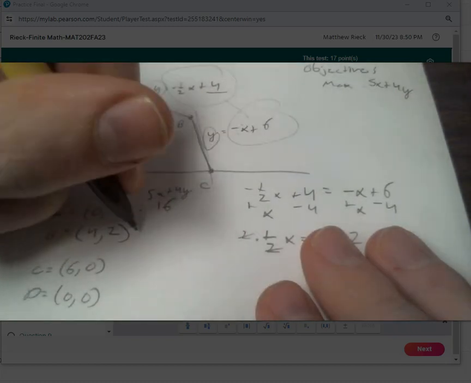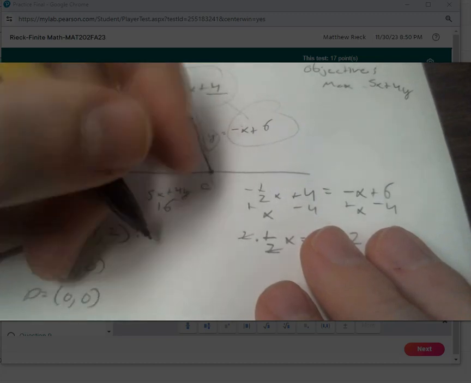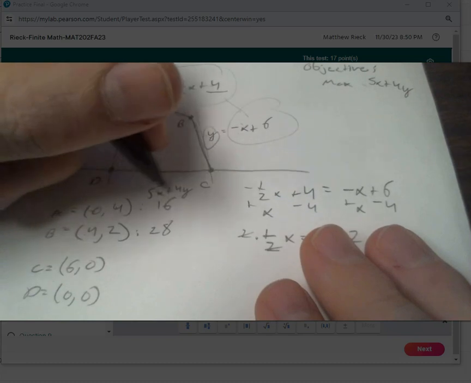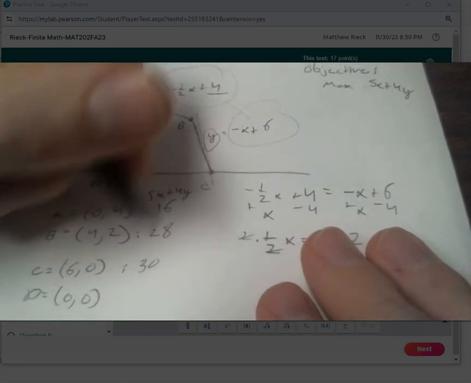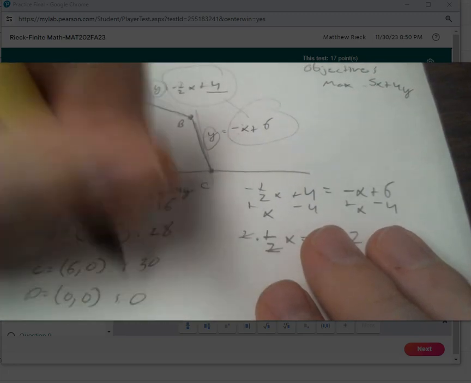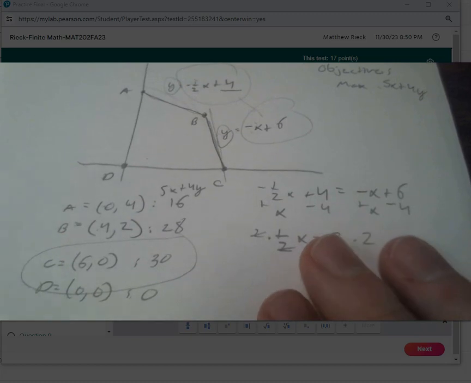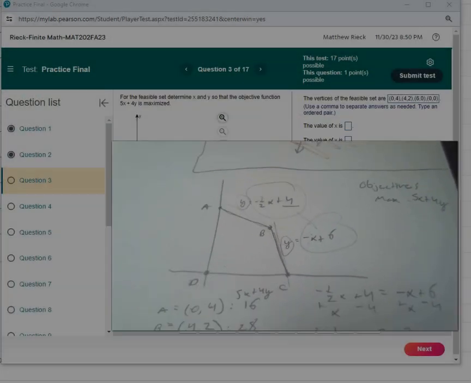When I plug in 4 for x and 2 for y, I get 20 plus 8, so 28. When I plug in 6 for x and 0 for y, I end up with 30. When I plug in 0 for x and 0 for y, I end up with 0. So in this case, the one that maximizes my objective function is (6, 0), or point C there.